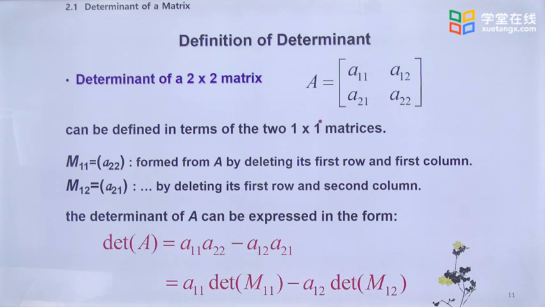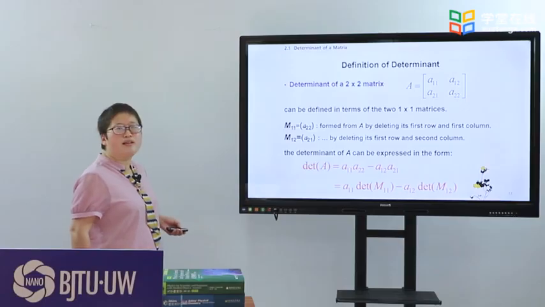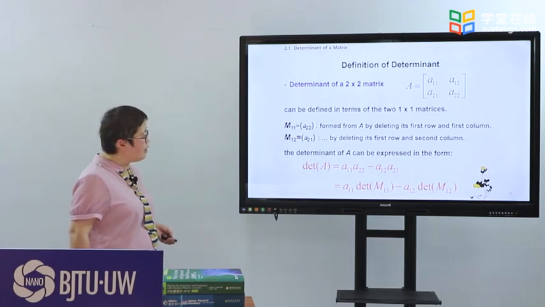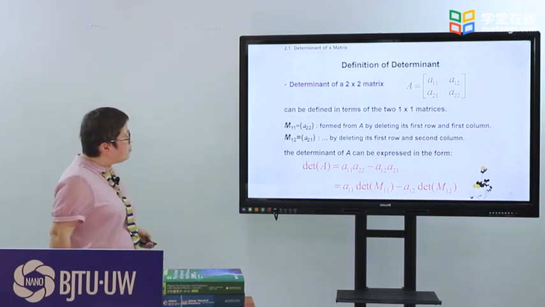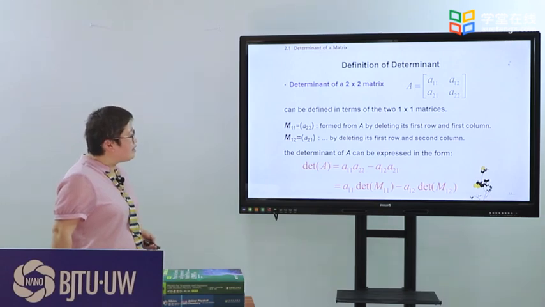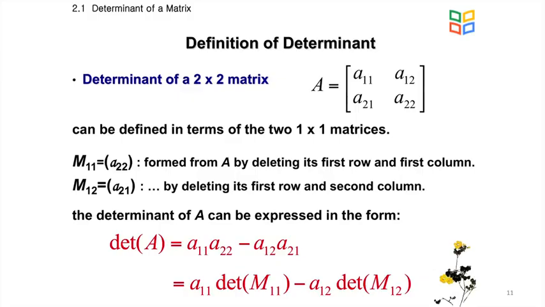Before, we know the determinant of A can be defined as A11 times A22, the multiplication of main diagonal entries, minus the multiplication of off-diagonal entries, A12 times A21. Using the M11 and M12 we defined, the determinant of A can be further written as A11 times the determinant of M11 minus A12 times the determinant of M12.